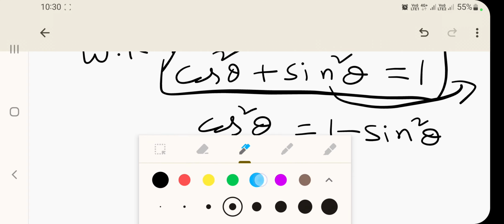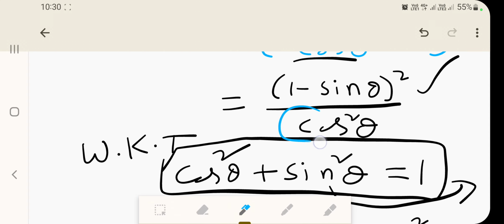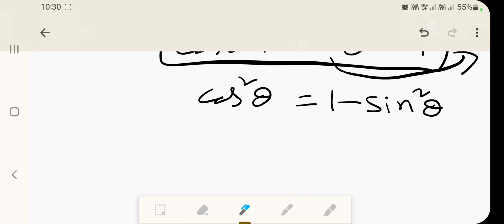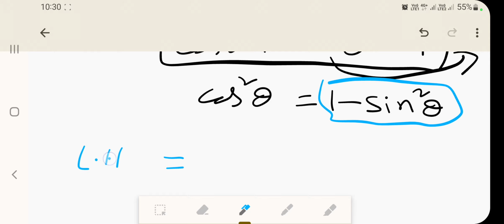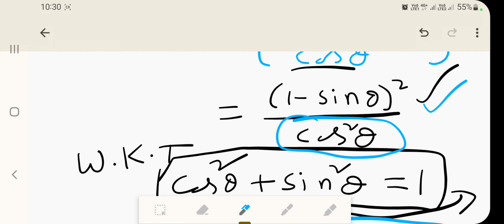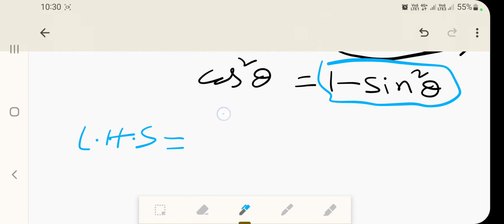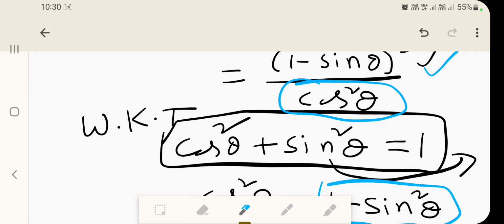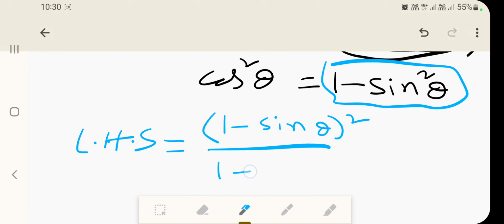So in the problem, in the denominator we have cos square theta, and that can be replaced with 1 minus sin square theta. This is everything we are solving for the left hand side. In the numerator we have (1 minus sin theta) whole square, divided by 1 minus sin square theta in place of cos square theta.